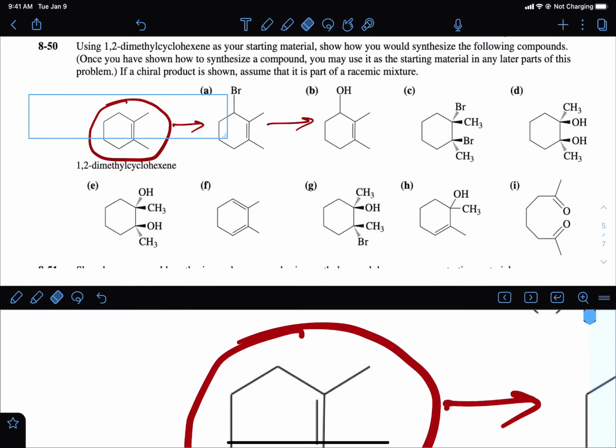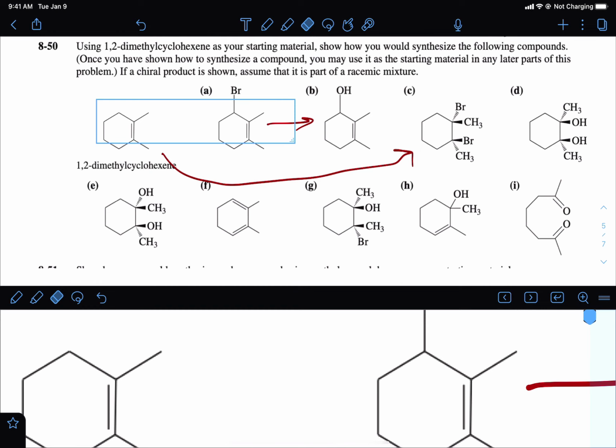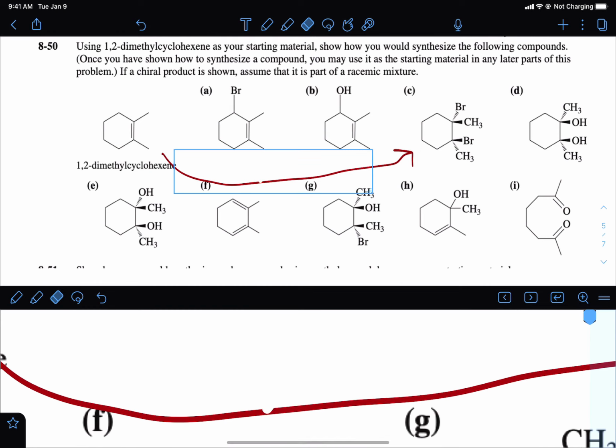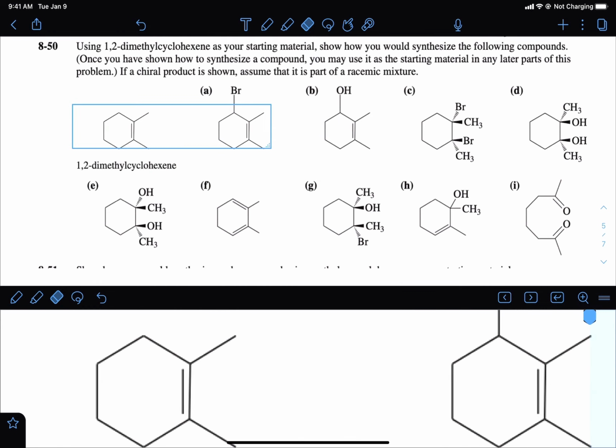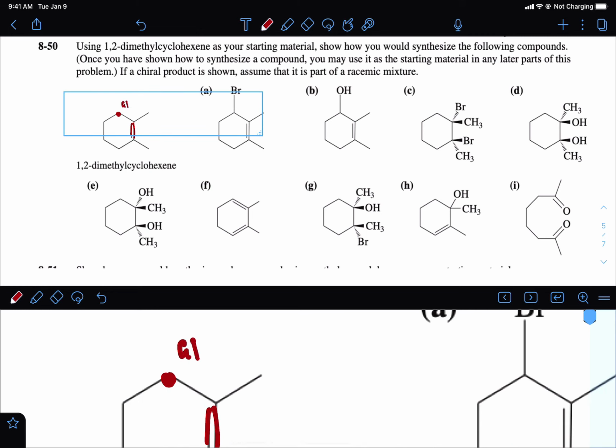So let's start. The first thing, again, we have not done this together. But this position next to a double bond is called the allylic position.